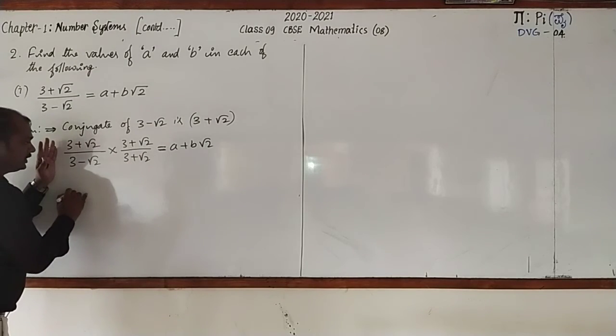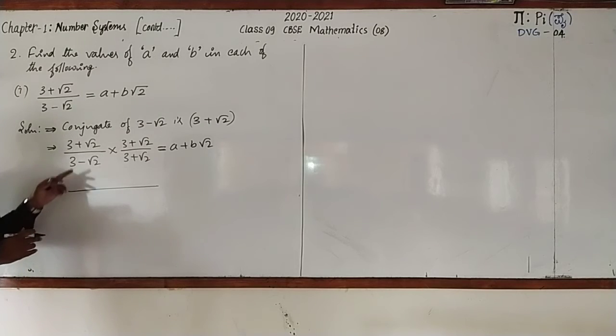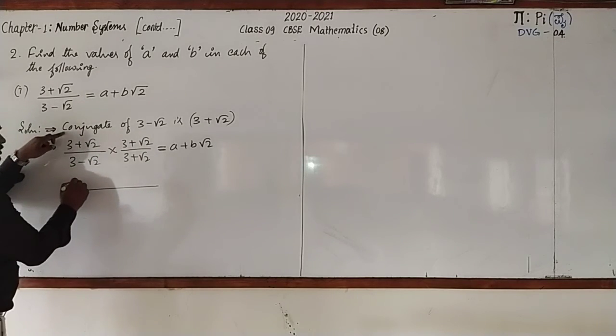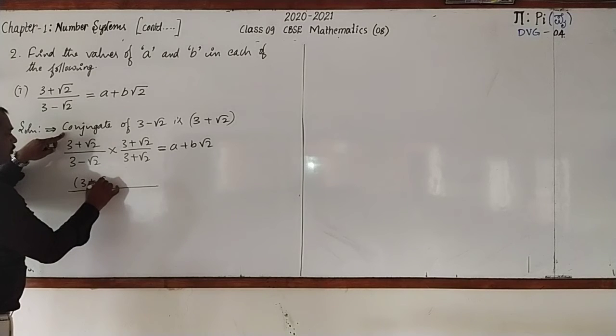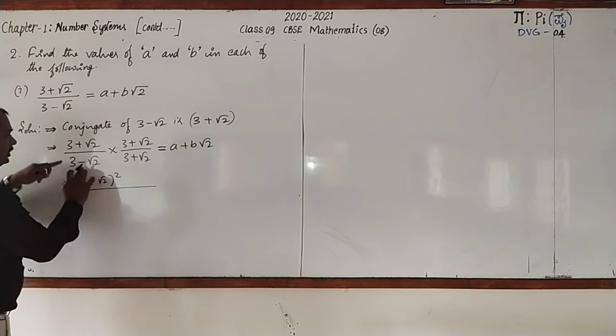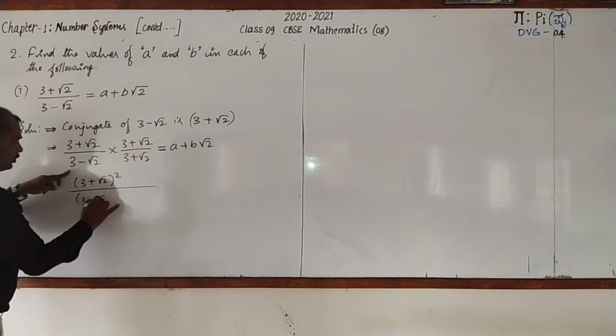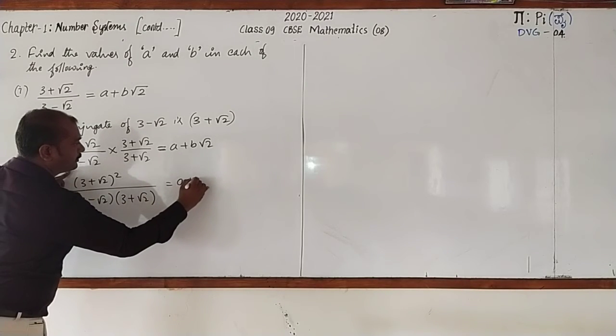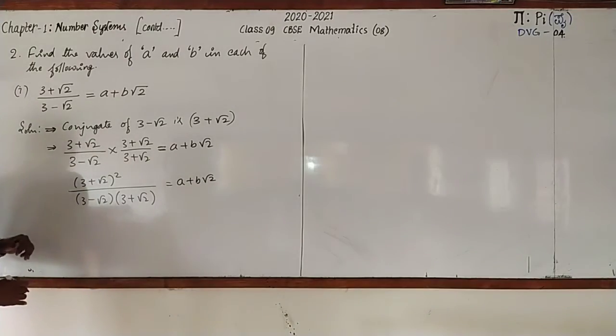Numerator, in which form is it? It is of the form (a plus b) into (a plus b), that is (a plus b) whole square. So (3 plus root 2) whole square divided by (3 minus root 2) into (3 plus root 2). It is equal to A plus B into root 2.